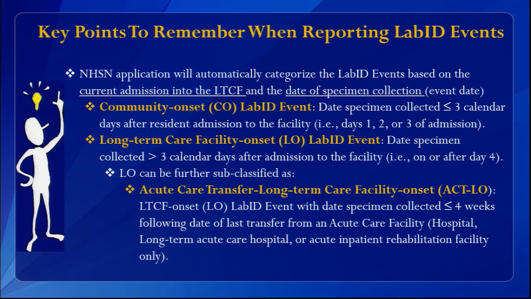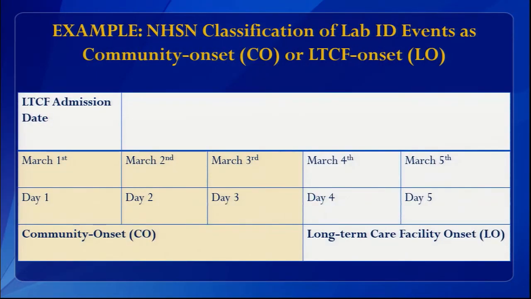And by acute care facility I mean a hospital, a long-term acute care hospital, or an acute inpatient rehabilitation facility. Just to give you a little schematic of what you're looking at: March 1st, 2nd, and 3rd are all considered community onset if our admission date is March 1, and then March 4th and 5th are long-term care facility onset.